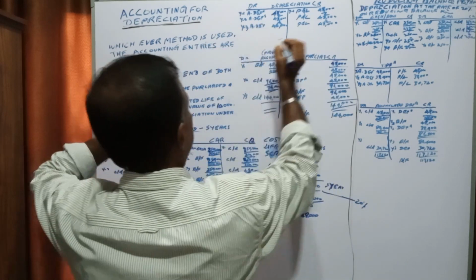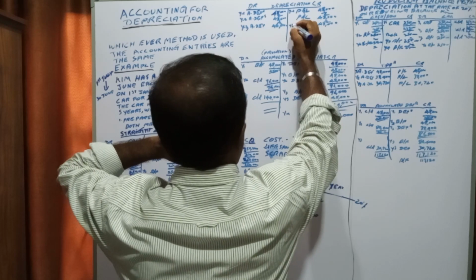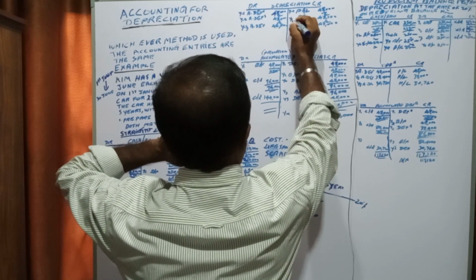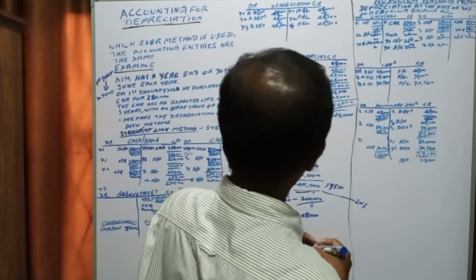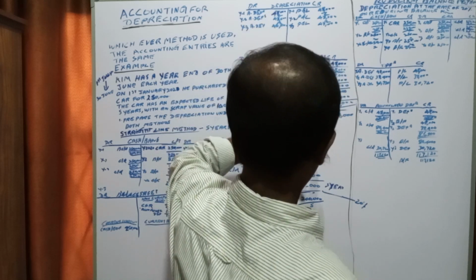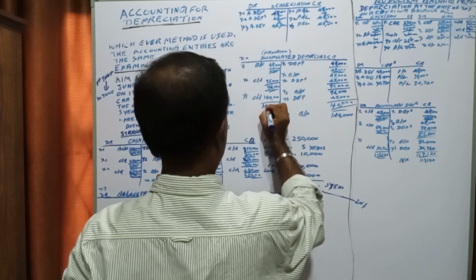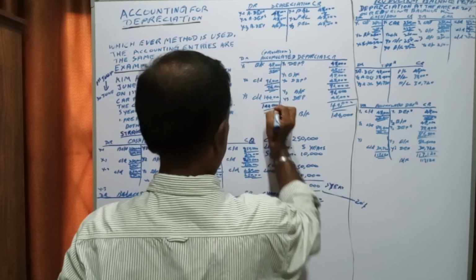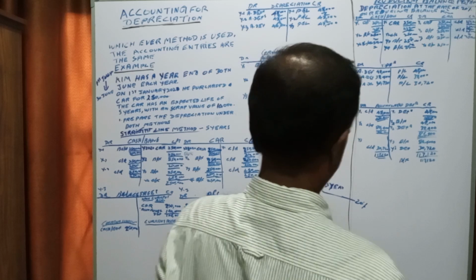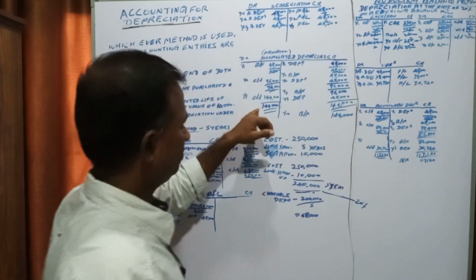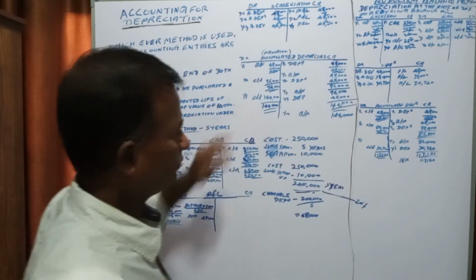Okay, in the year of 3 depreciation is 48,000. The year 3 carried balance is 144,000 accumulated depreciation.